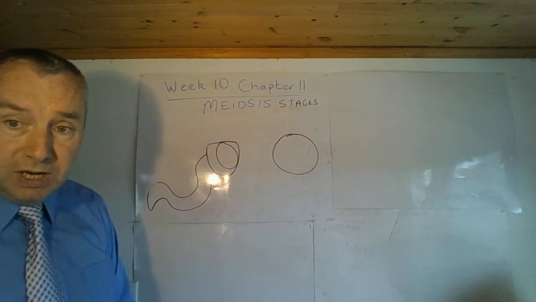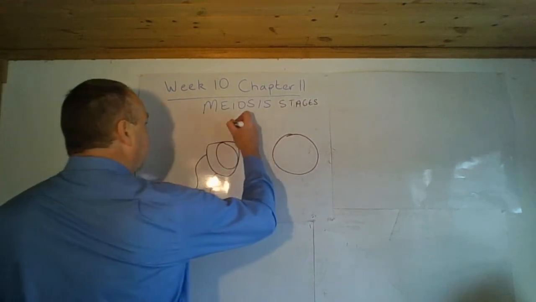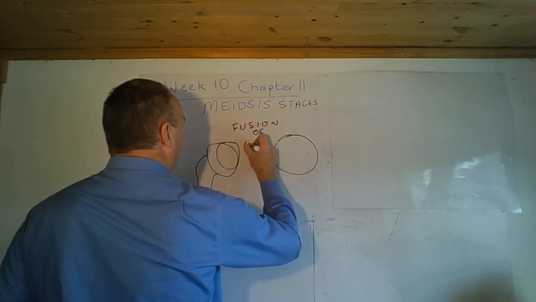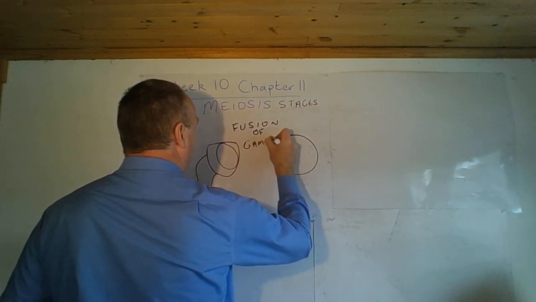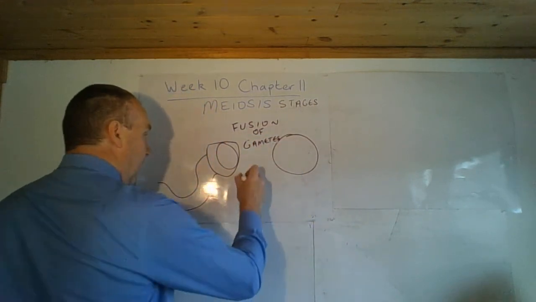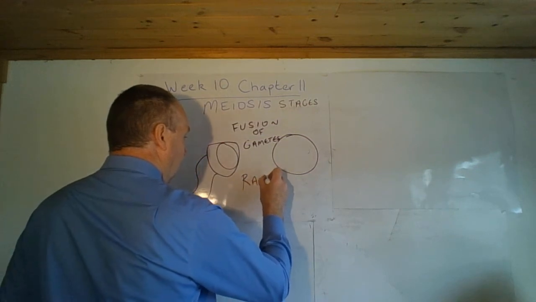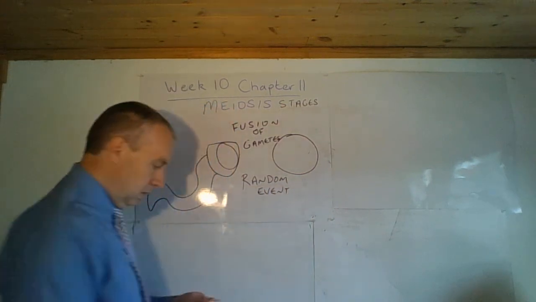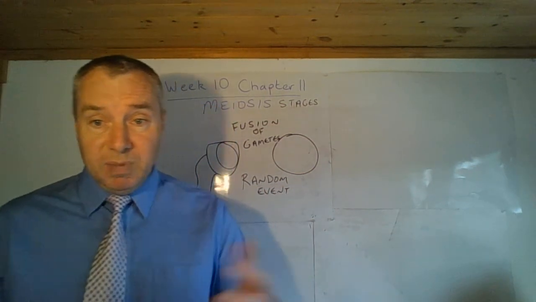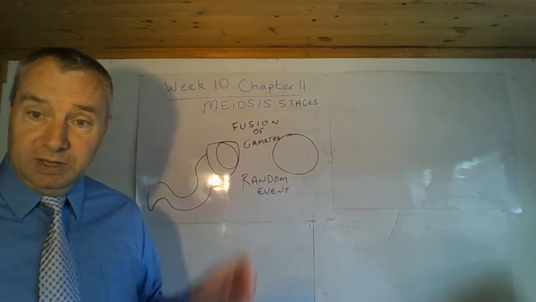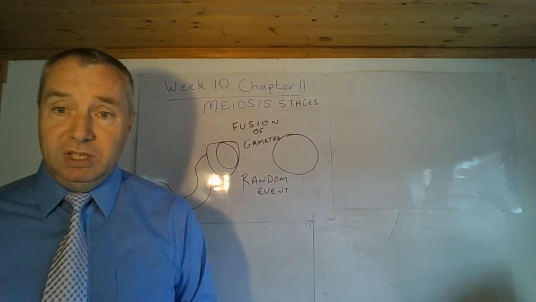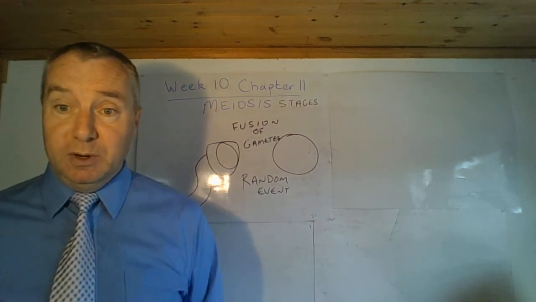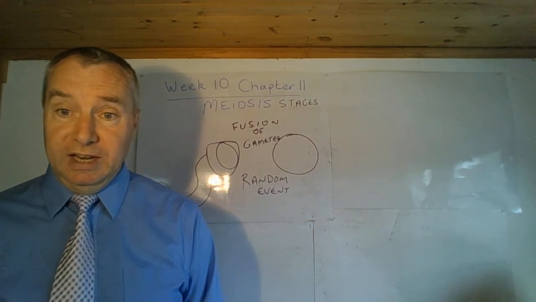So one individual comes out, the fusion of gametes, is a random event. And because it's such a random event, we don't know which pair are going to get together. It also leads to genetic diversity. So, again, it's why you don't look like your sister or your brother unless you're genetically identical twins.